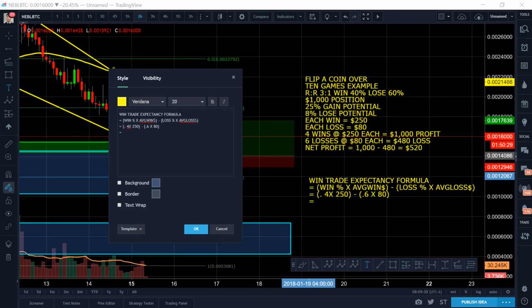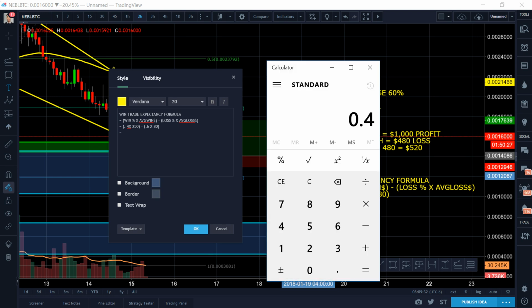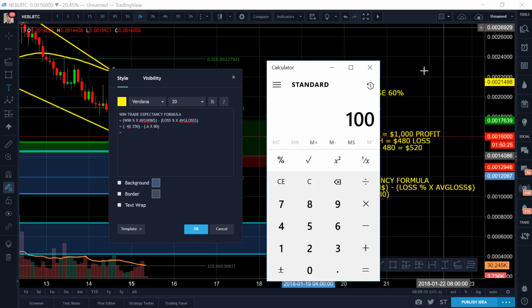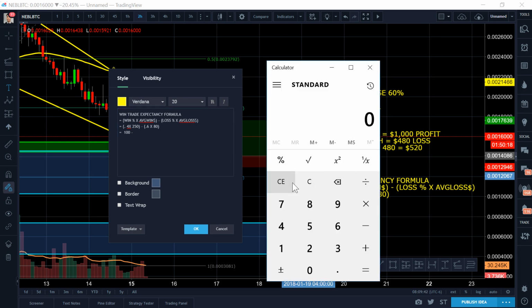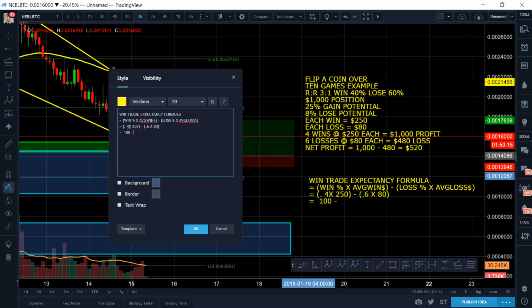It's 100, I think. 0.4 times 250 equals 100, minus, what is that, 0.6 times 80, $48. So your average profit per trade over 10 games, just the simple sample that we're using, is equal to $52 per trade, right? That is how we see it over time, okay?